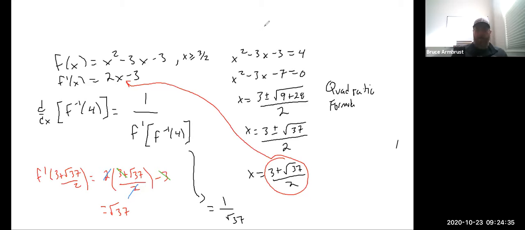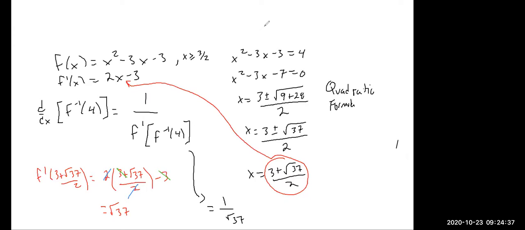Let me clear this real quick. Okay, and let me show you what I mean. So let's say we're looking at inverse tangent. So f of x is tangent of x, and we're trying to find the derivative of inverse tangent, right?